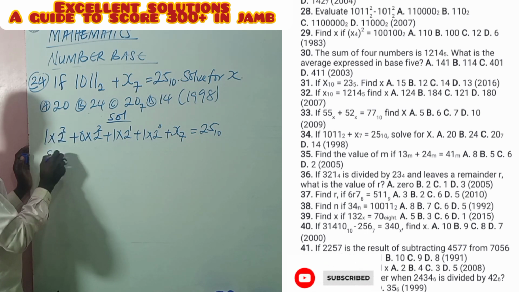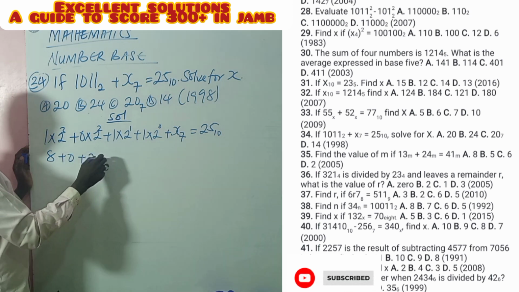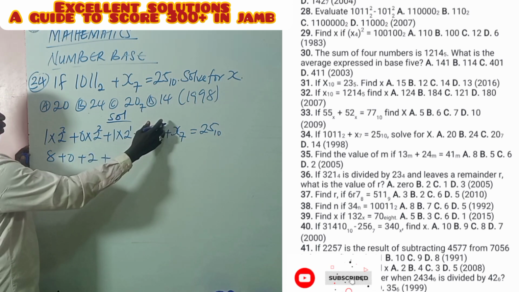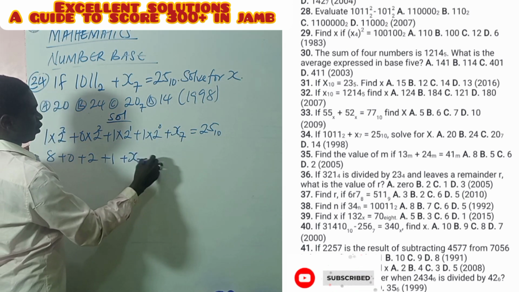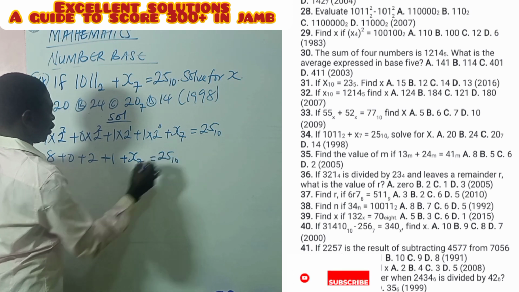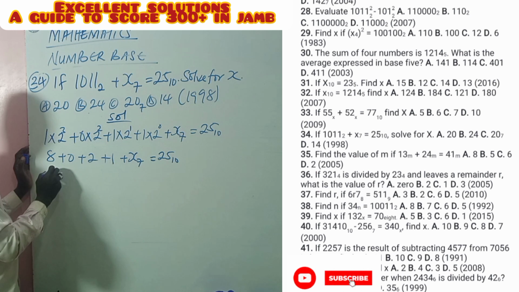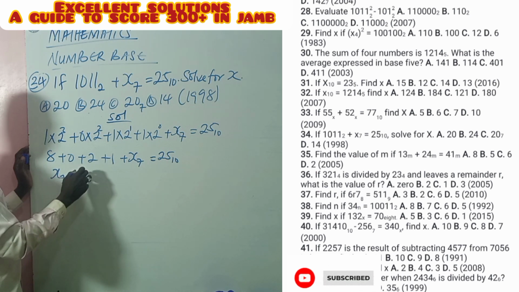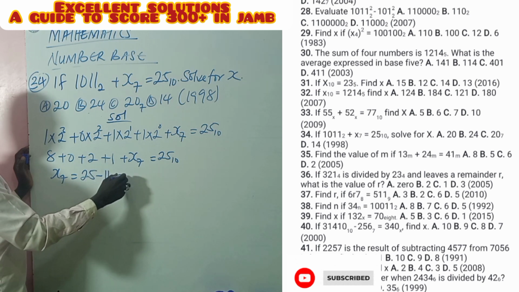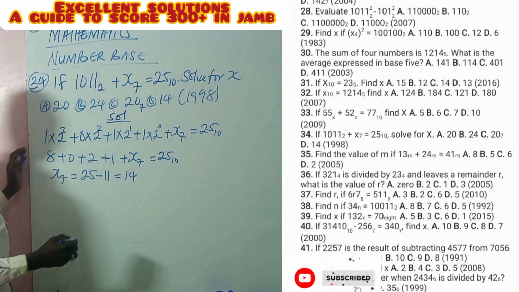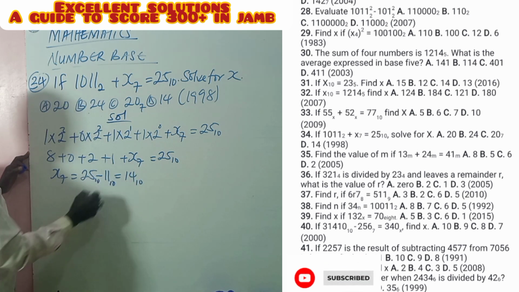This is 8 plus 0 times this we have 0. Then plus 2 power 0 is 1. 1 times 1 we have 1. Plus x base 7 equals 25 base 10. 8 plus 2 we have 10 plus 1 is 11. So we have x base 7 equals 25 minus 11, which is the same as 14. So 14 base 10. This one is in base 10.